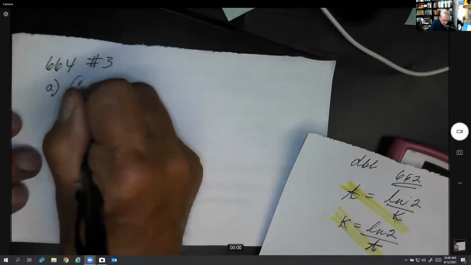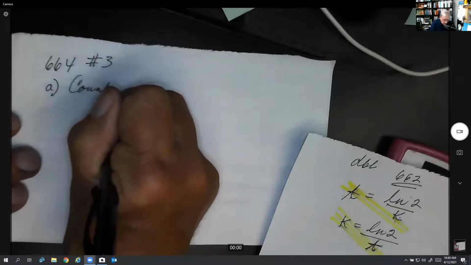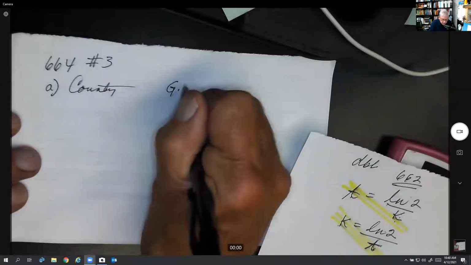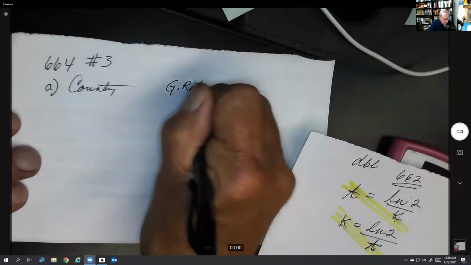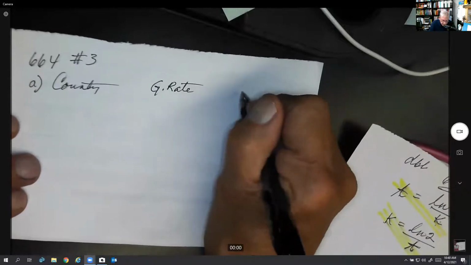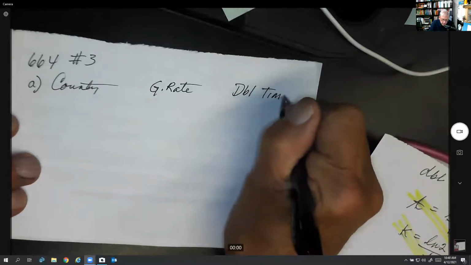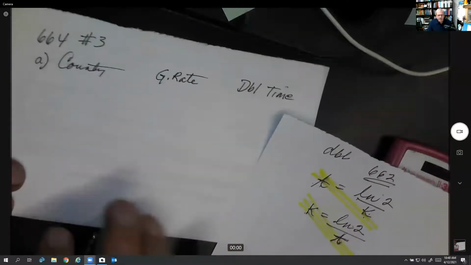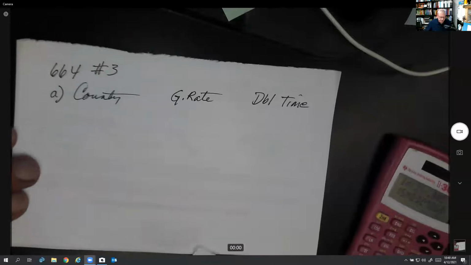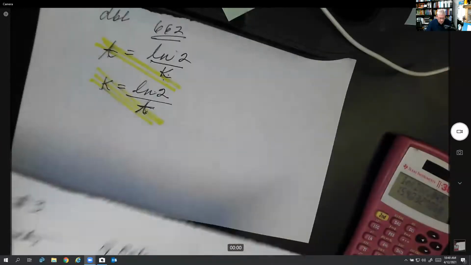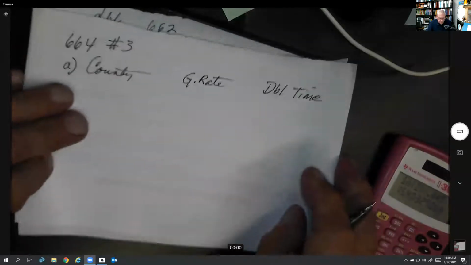You have a country, you have a growth rate, and you have a doubling time, abbreviated. And we'll probably use these formulas here.